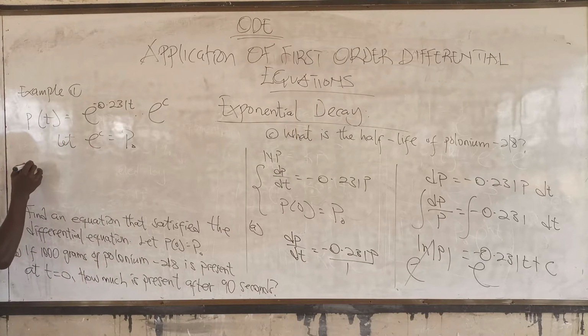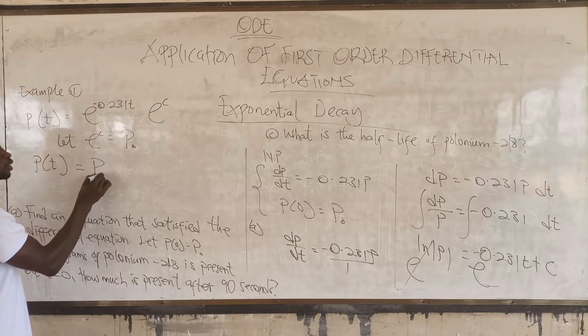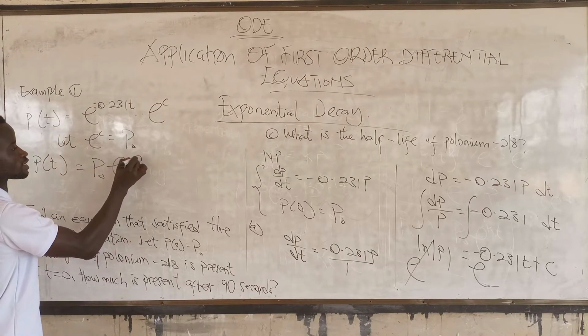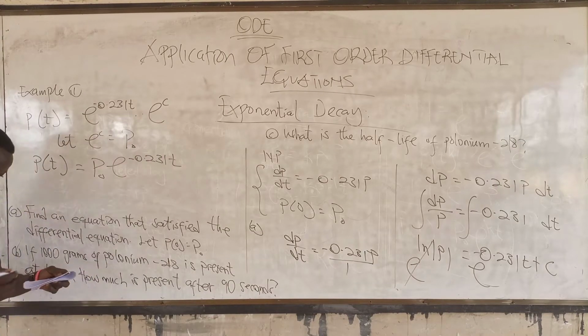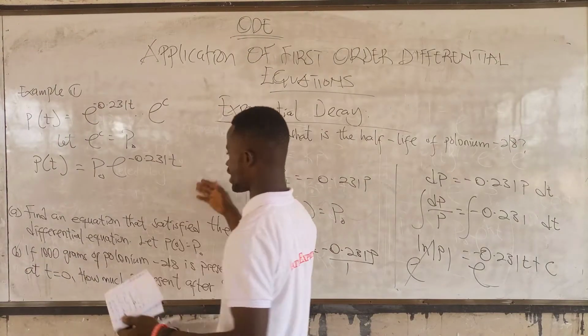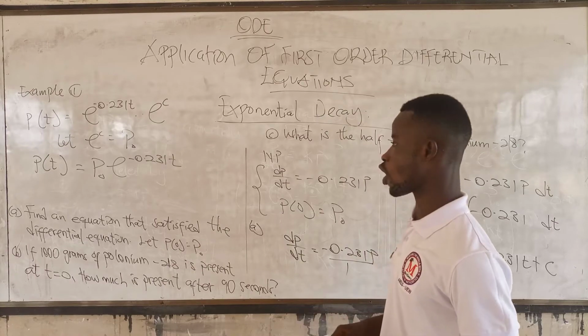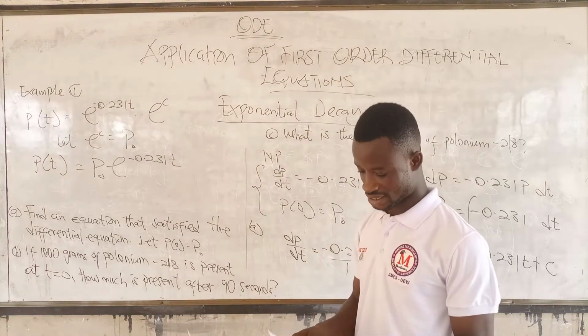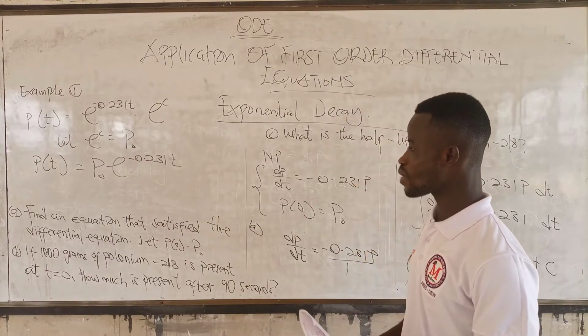So P of t equals P naught e raised to negative 0.231 t. That is the equation for the A part.